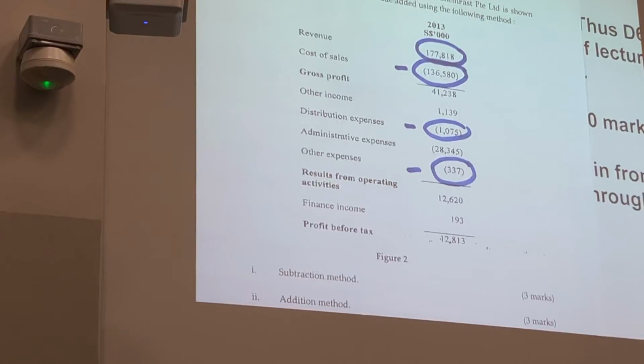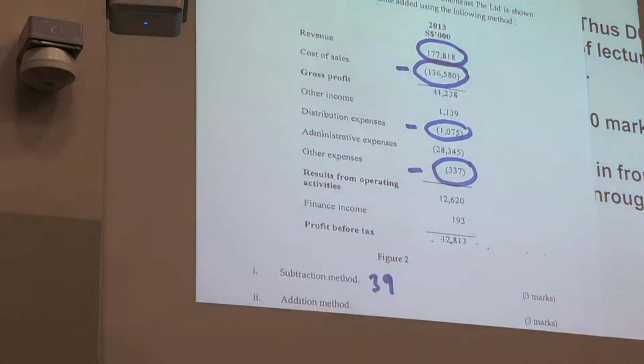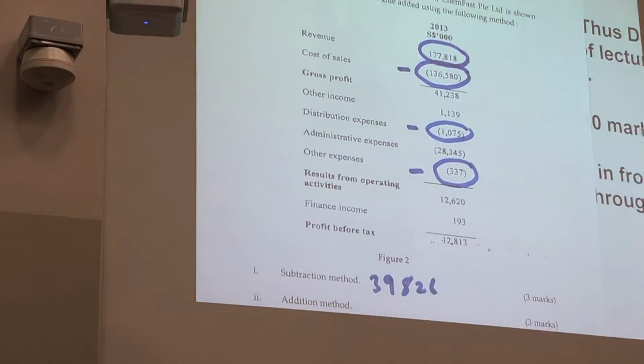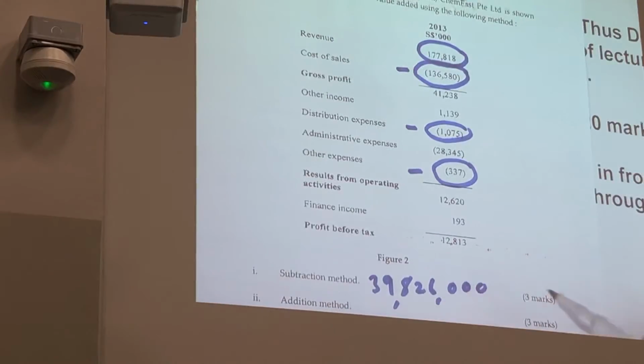Somebody shout out the figures. 11818? 118, are you sure? 3, 9, 8, 2, 6. 0, 0, 0.